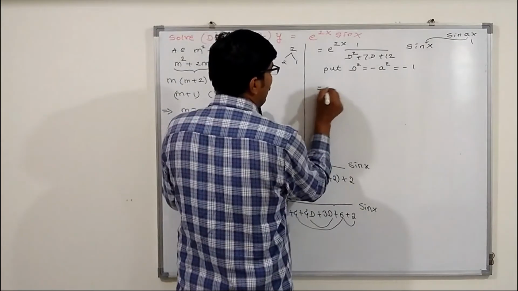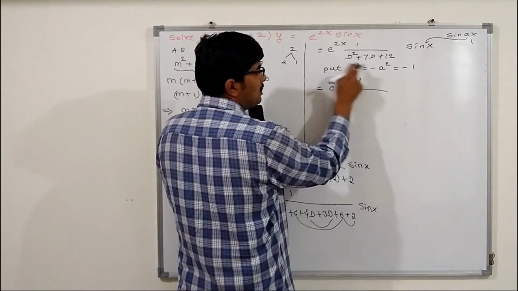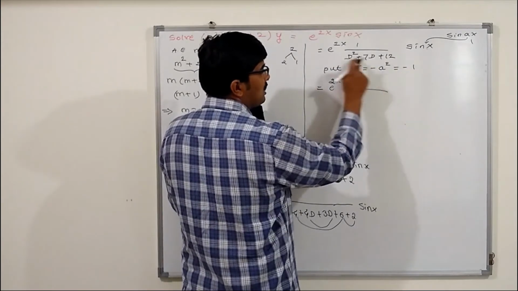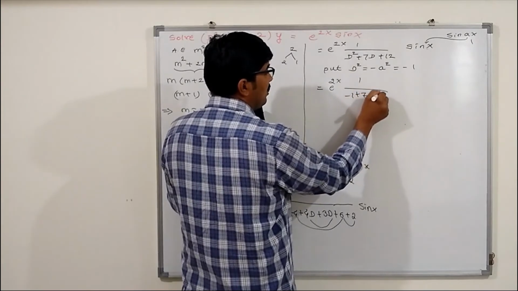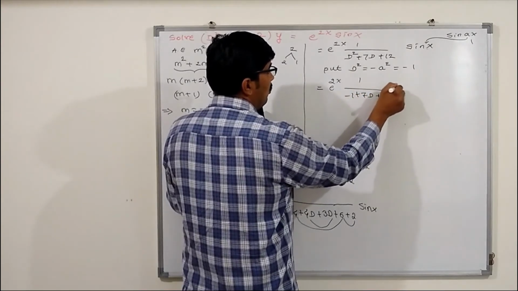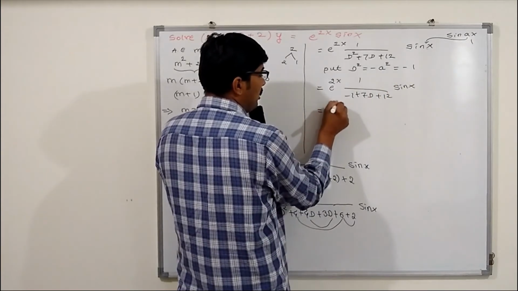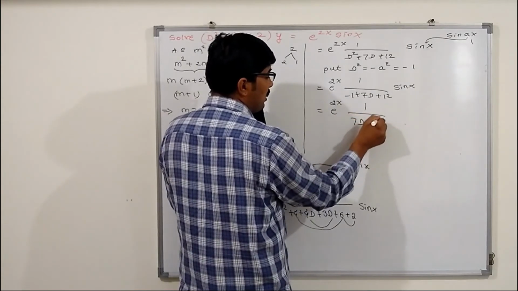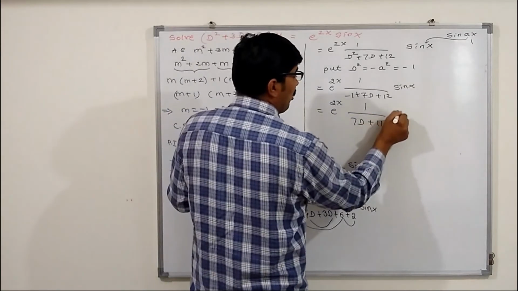Next, this is equal to e raised to 2x, 1 divided by D square is equal to minus a square, and a is equal to 1 means you will get minus 1. If you put here minus 1 plus 7D plus 12 of sin x, this is equal to e raised to 2x, 1 divided by 7D plus 11, because minus 1 and plus 12 is equal to plus 11, of sin x.